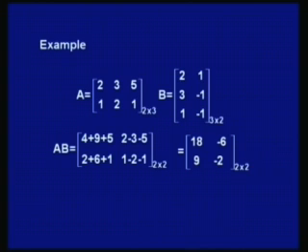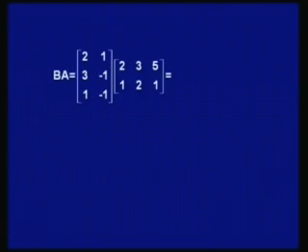In this case, one can also perform the product BA. Why? Because B is of order 3 by 2, A is of order 2 by 3. So, this 2 is the same as this 2. So, this product is possible and this can be obtained as the matrix consisting of first row first column 4 plus 1.